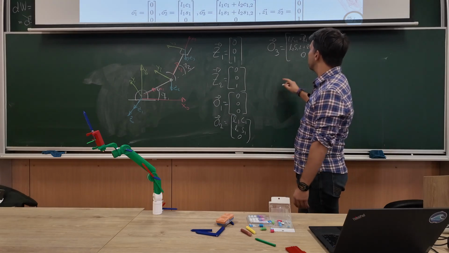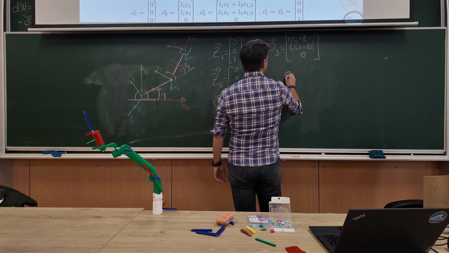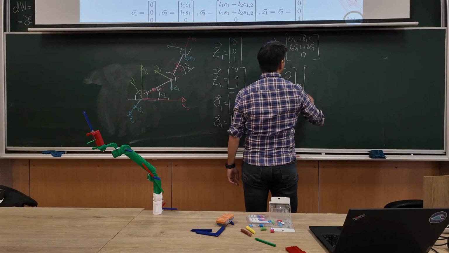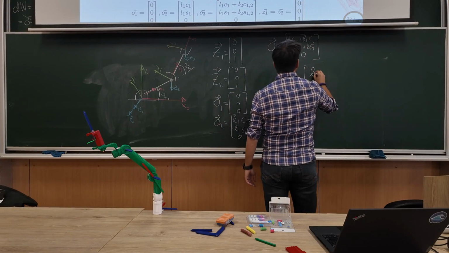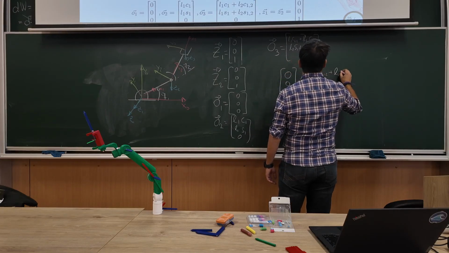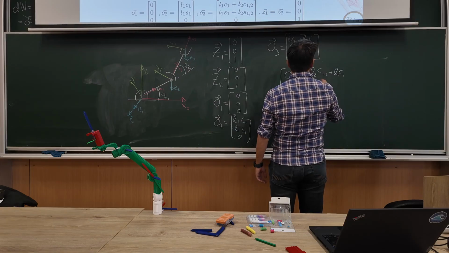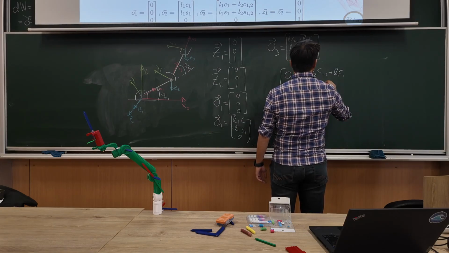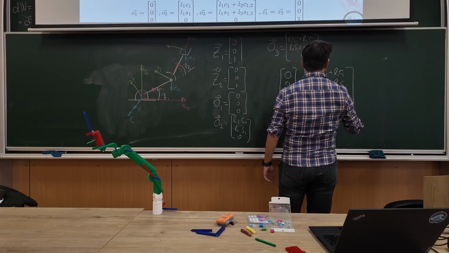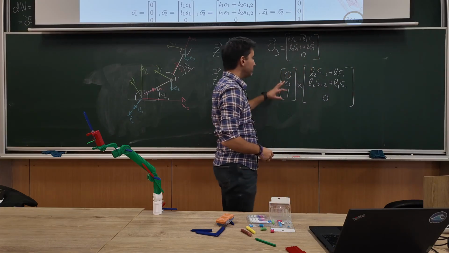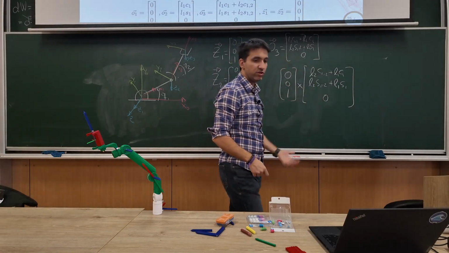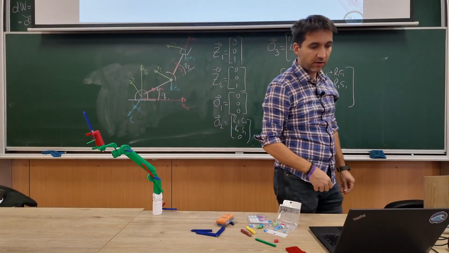So if I do the cross product of 0, 0, 1 with this quantity here, basically this will just swap the elements' positions and you will add a minus somewhere.